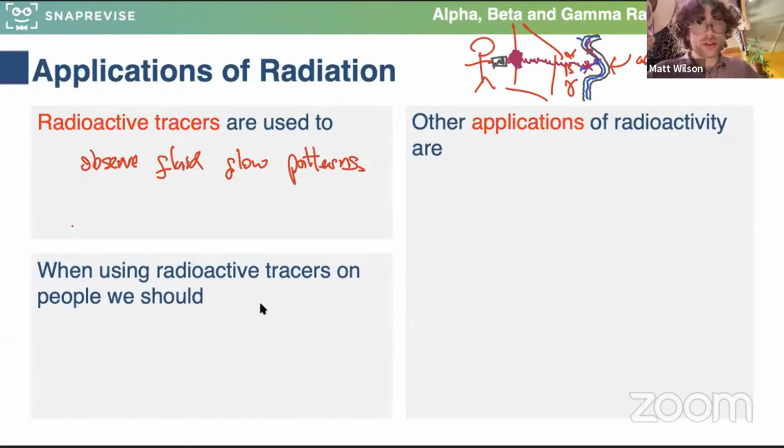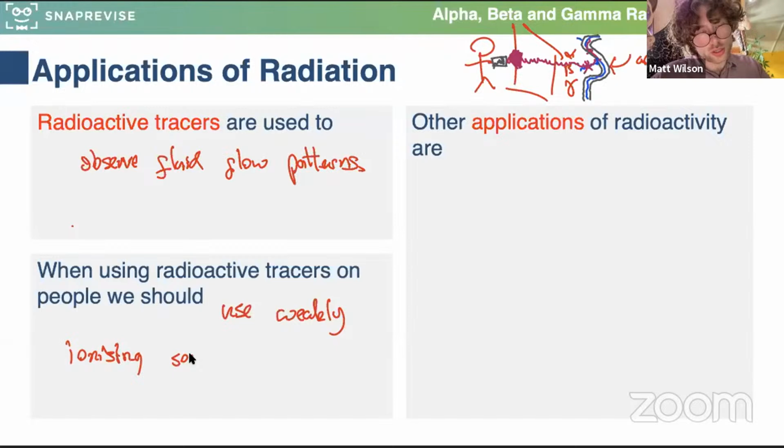So when using radioactive tracers on people, we should be aware of this danger. We should use weakly ionizing sources. And furthermore, we should make sure that these are sources that don't stay radioactive for very long.